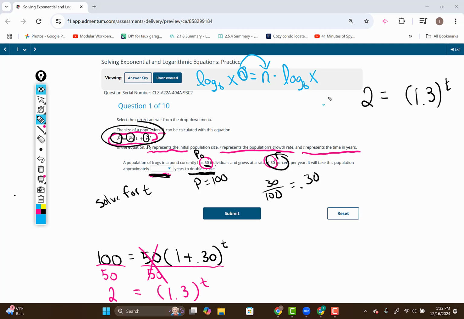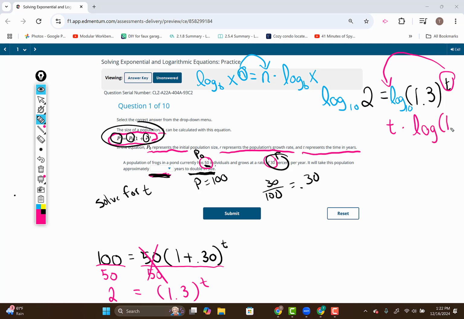So what we're going to do is take the log of both sides. And since we're taking the log of both sides, we're assuming this is log base 10. So now we can use that third property. This t can move to the front in the coefficient spot of this logarithm, so it becomes t times log base 10.